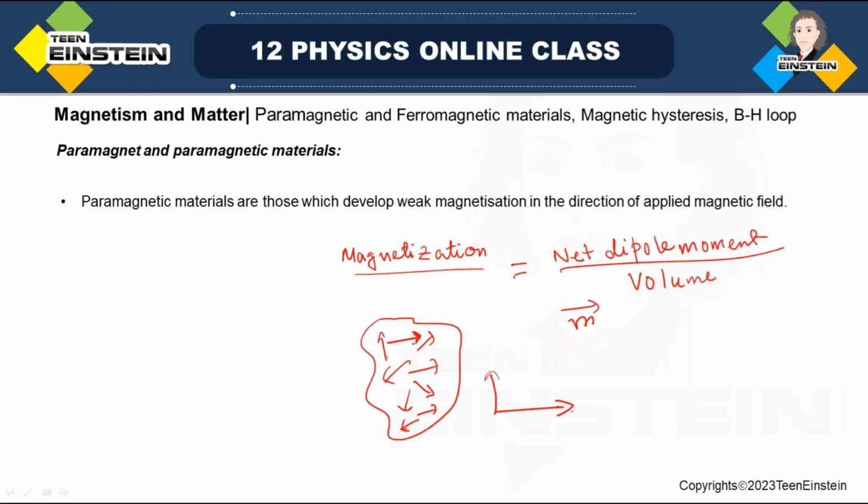There are all sorts of orientations of these dipoles, so you can take all the components and add them up along this direction, so that you get the net dipole moment along this direction. That is called net dipole moment, and then you divide by the volume of the substance, then you get the magnetization. This is how magnetization is calculated.